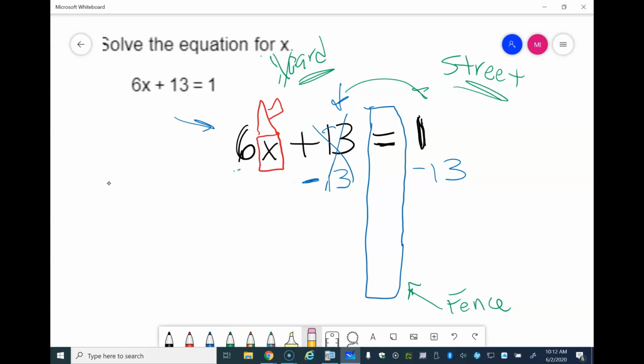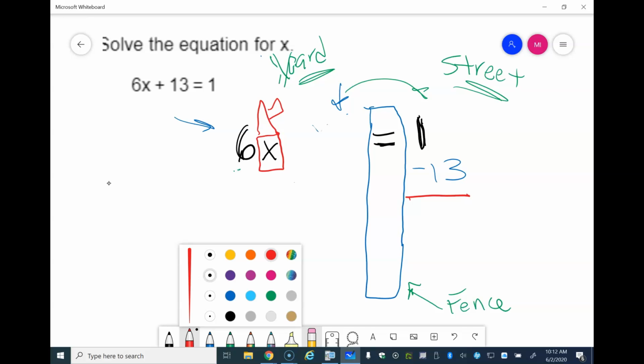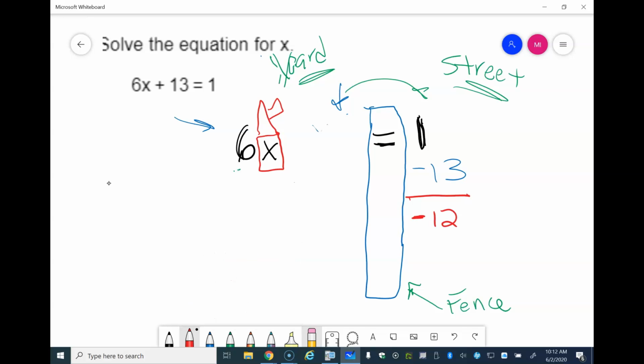So let's go there and erase this part, if I get my eraser to work. There we go. And over here, we're going to say 1 minus 13 is going to be negative 12.